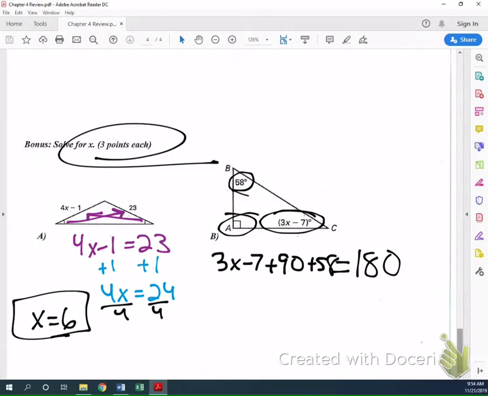Now, careful, this is 90 minus 7 and then plus 58, or you could just type it in like this, negative 7 plus 90 plus 58. The important part is to keep that negative or that minus with the 7 when you're combining like terms. So what do you get when you add these 3 numbers, making sure the 7 is negative?